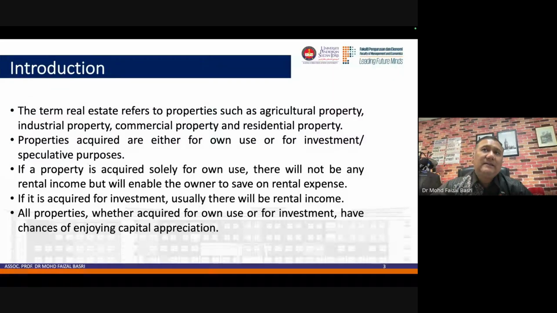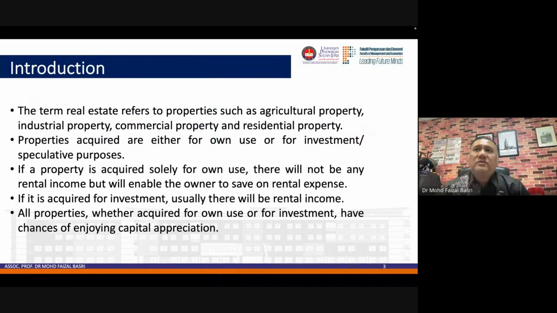But again, when we talk about investment in property, okay, the most important part is actually the location. Okay, so kawasan yang dah memang sedia ada established, obviously will cost you more lah.